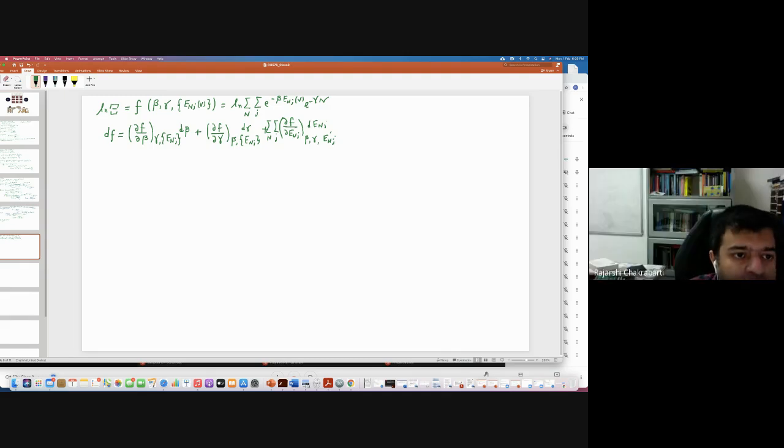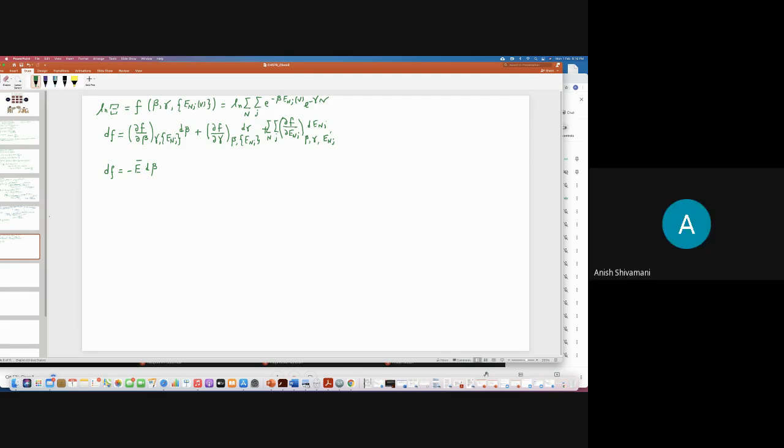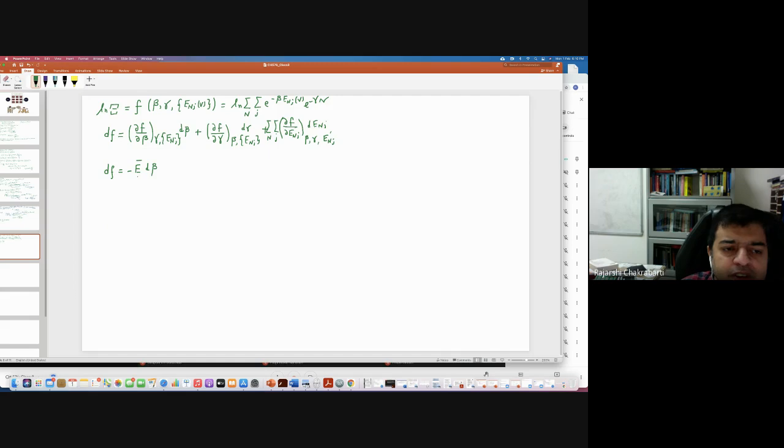Now what is the first term? Del f del beta. Del f means del ln by del beta. You remember what this is? This is nothing but minus E bar, isn't it? Go back to your previous slide. This is how it is defined. f is ln of that, this partition function.